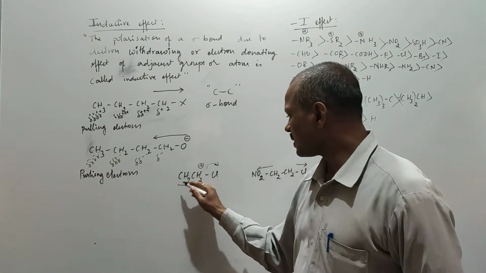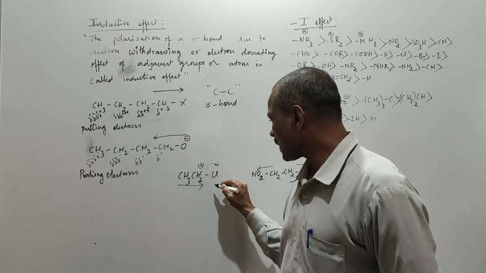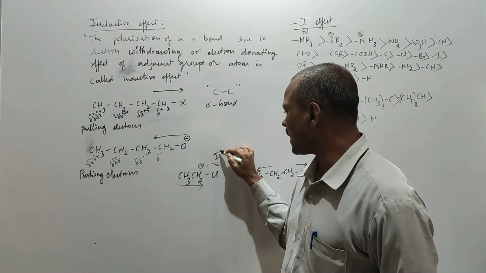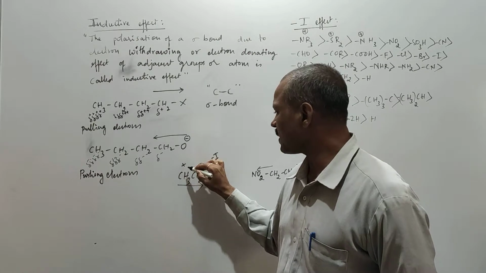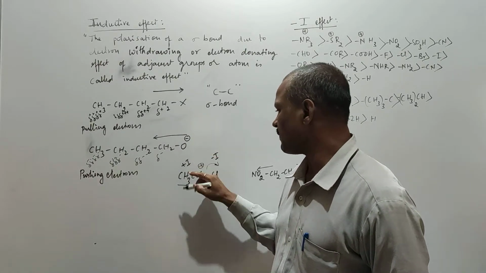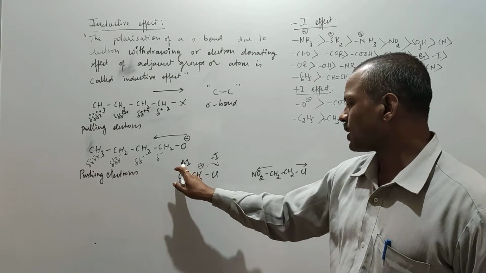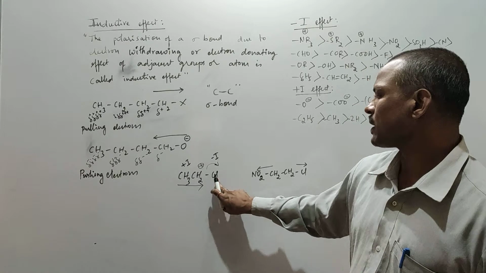Hence, when the alkyl group donates electrons to the electronegative chloride, we call the chloride the minus inductive effect, and the alkyl the plus I effect. Positive inductive effect means donation of electrons from the alkyl group to chloride.